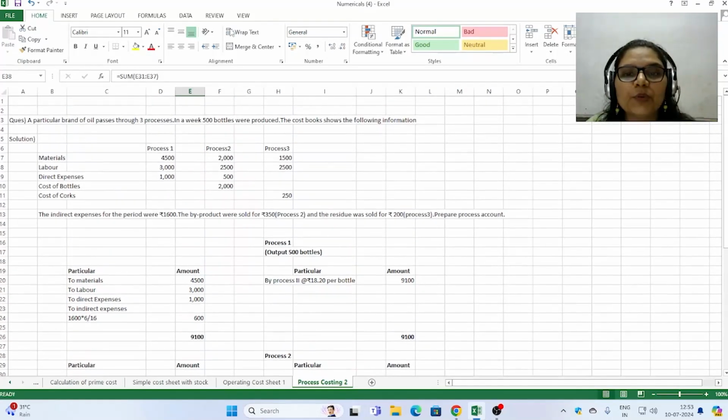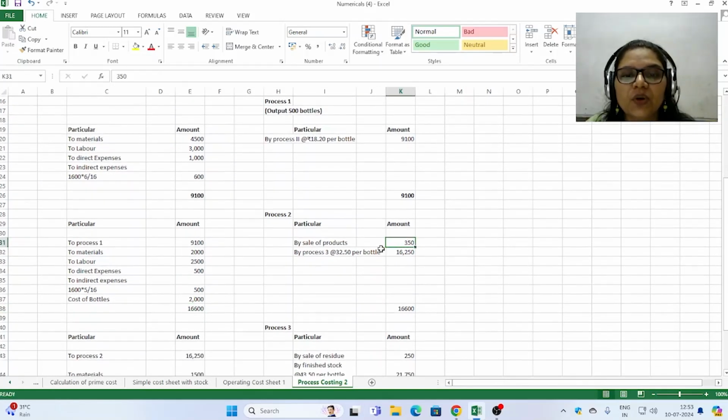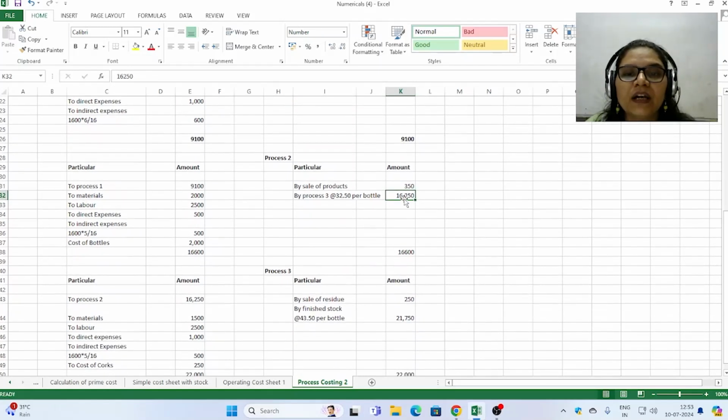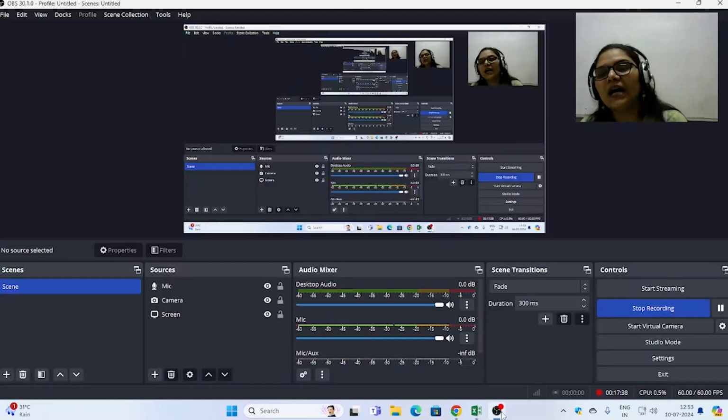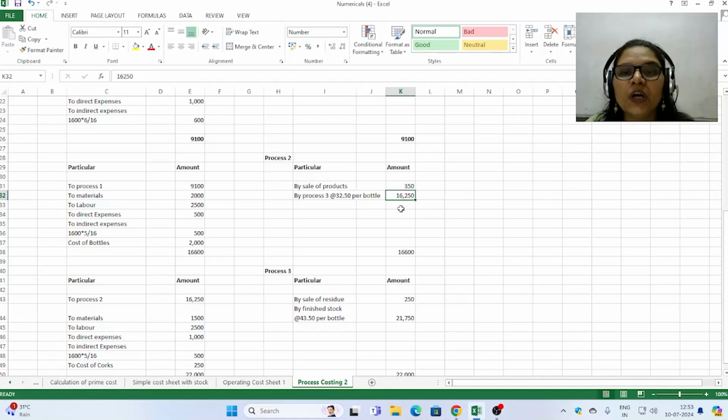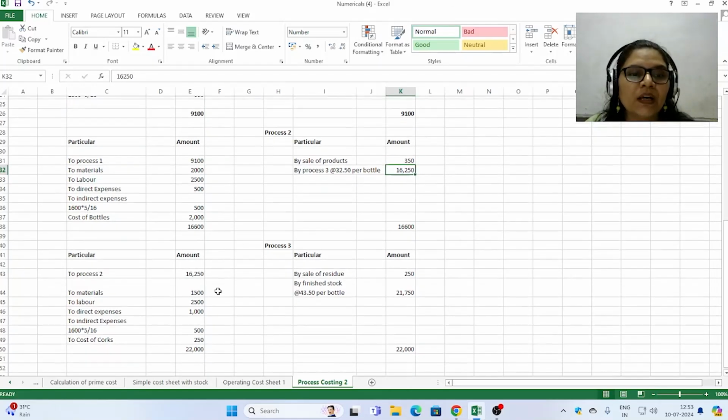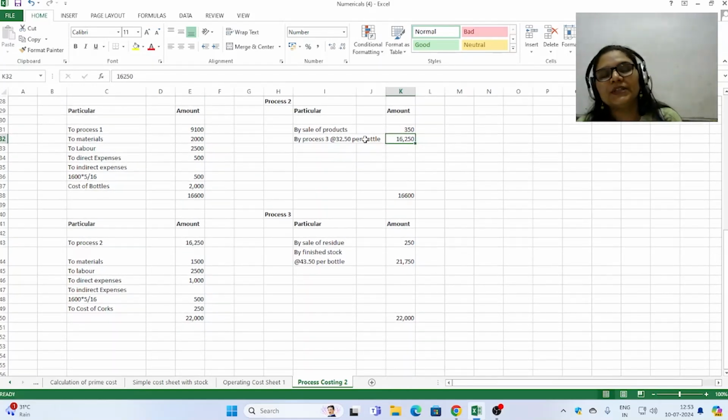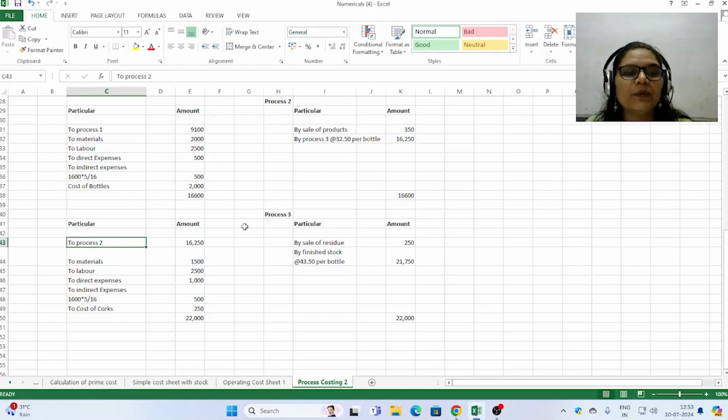Sale of product is rupees 350. So 16,600 minus 350 gives 16,250 in process 2, and this will be transferred to process 3.